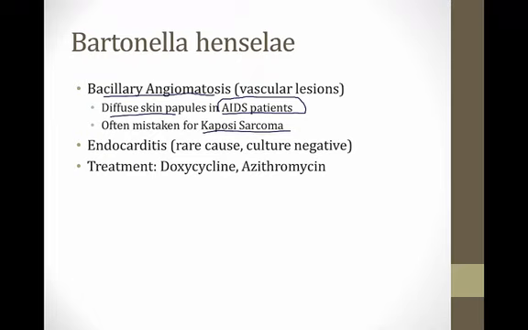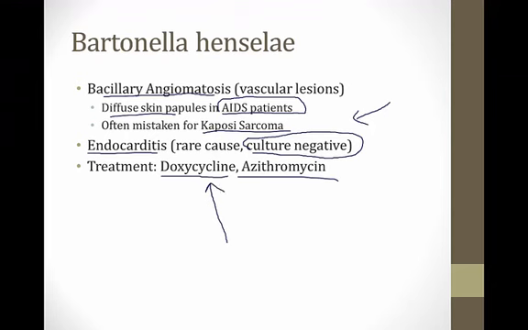And then finally, Bartonella is a very rare cause of endocarditis. This is so-called culture-negative endocarditis because this is a difficult bacteria to grow, so patients will have signs and symptoms of endocarditis, but the blood cultures will appear to be sterile. And the treatment for most Bartonella infections, especially cat scratch fever, is doxycycline, as I said, and also erythromycin. Remember that most of these zoonotic infections are covered by doxy.